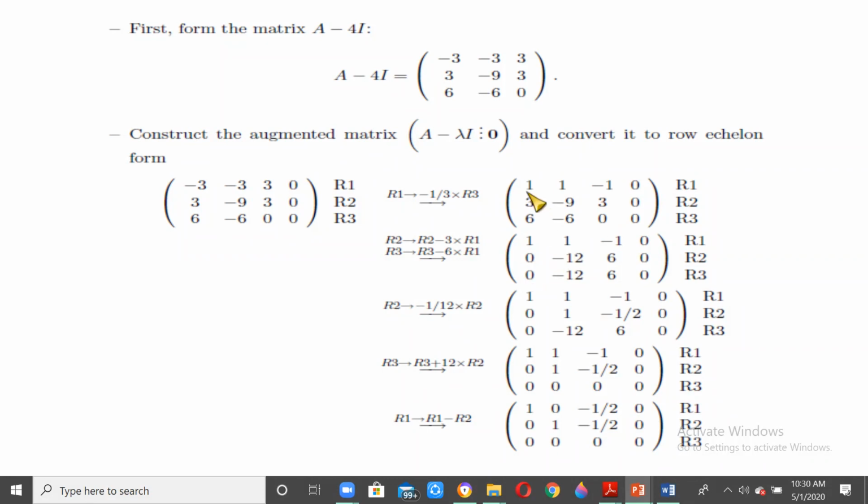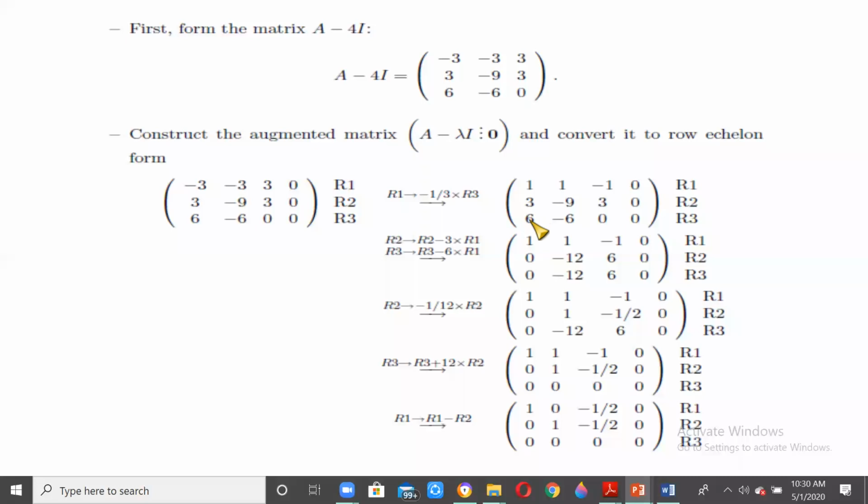So 3 minus 3 into 1 will be 0. Minus 9 minus 3 into 1 will be minus 12. 3 minus 3 into minus 1 will be 6. And 0 minus 3 into 0 will be 0 itself.